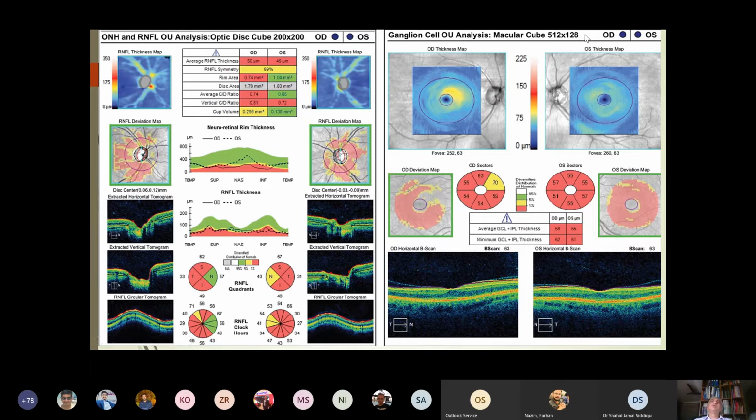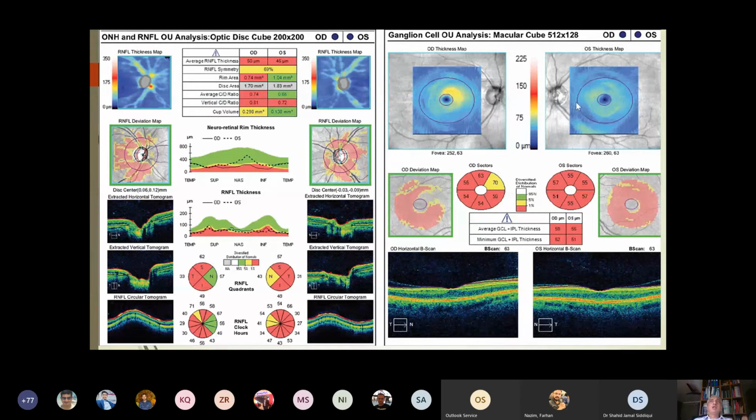And then you go on to see the macular area. Here we saw the area which is showing on this is the deviation map. So we have to check for the OD thickness map. If you look at the top one and the one below that, sometimes we get confused. Why is this red and why is this blue?